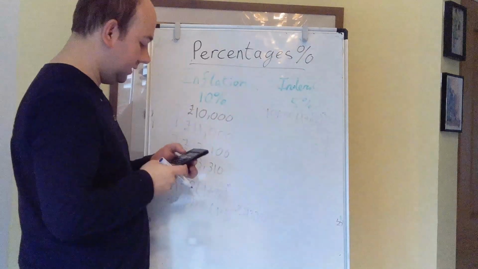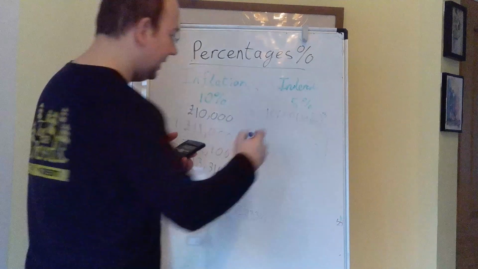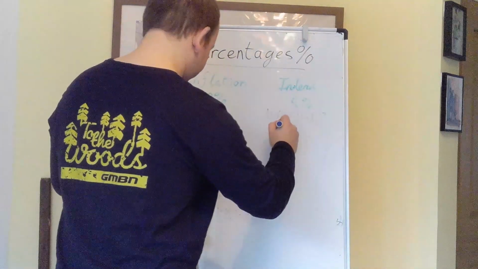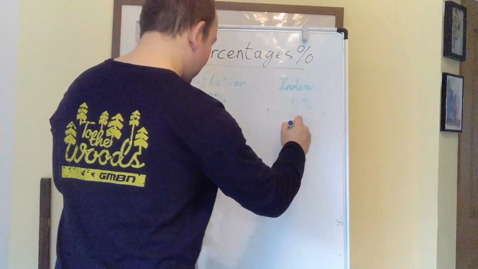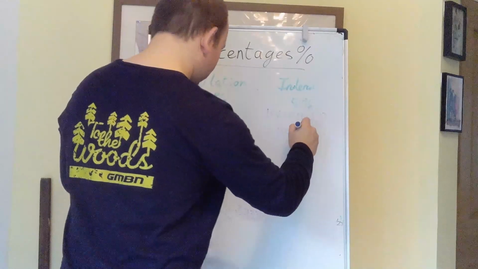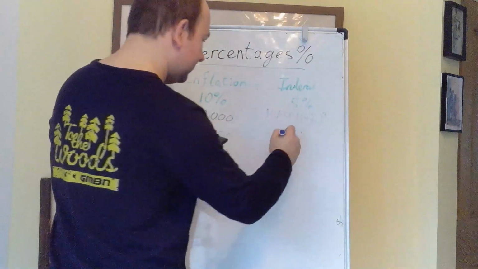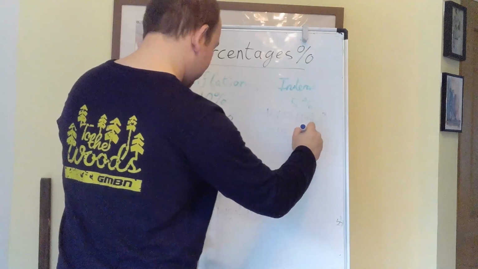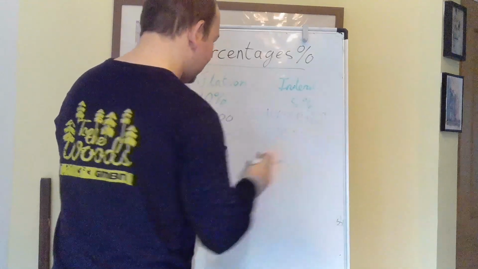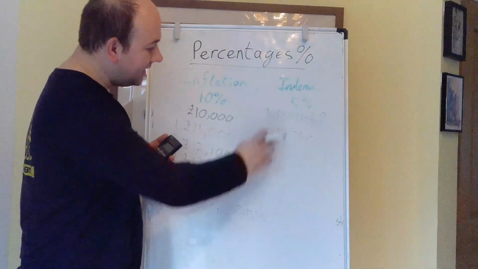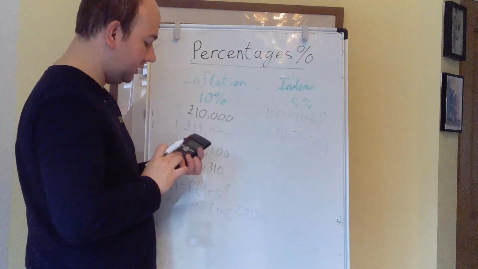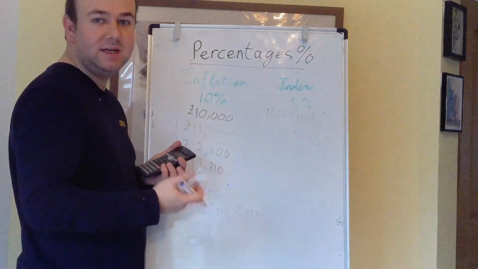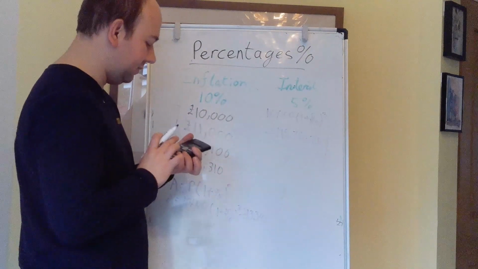When I've worked this out, it comes to £11,576 and 25 pence, which you can see is significantly lower than the amount of money you need to buy those 10,000 Mars bars.